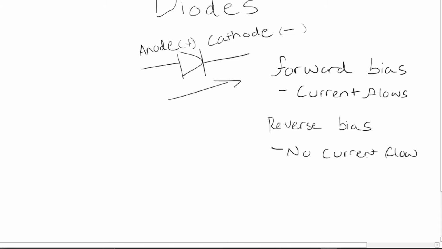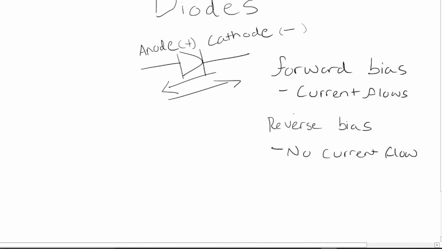But if we were to pass a certain limit, the diode will break down and reverse current will start flowing from the cathode to anode. So if we did apply enough voltage here, it will break down and we can actually make current go in this direction. So do keep that in mind, but usually no current will flow.